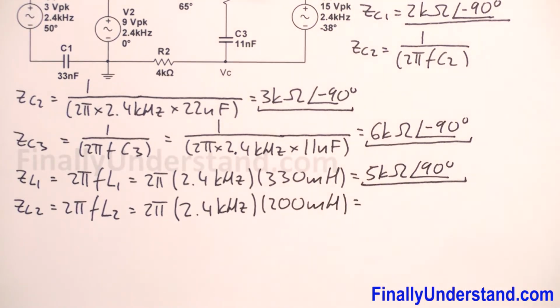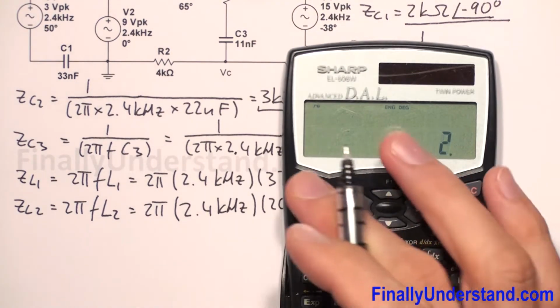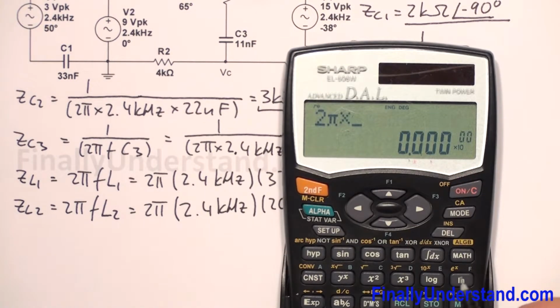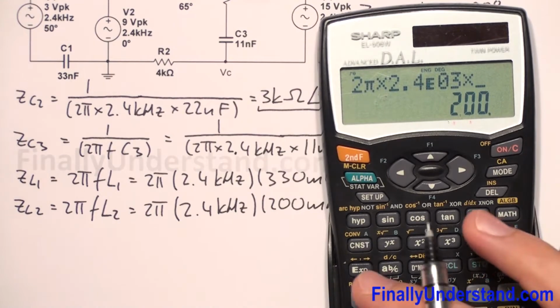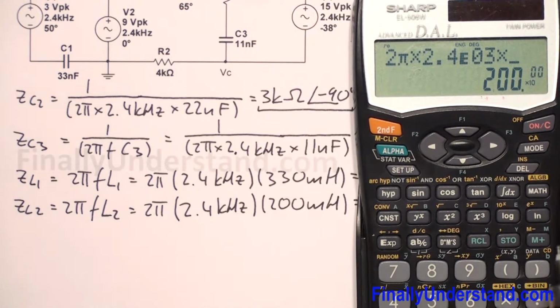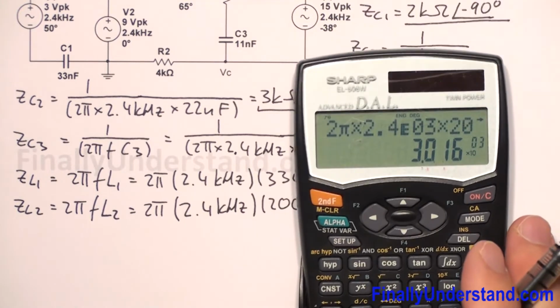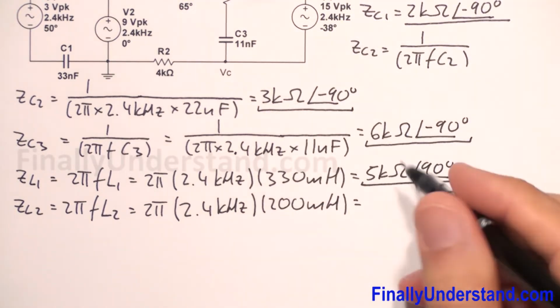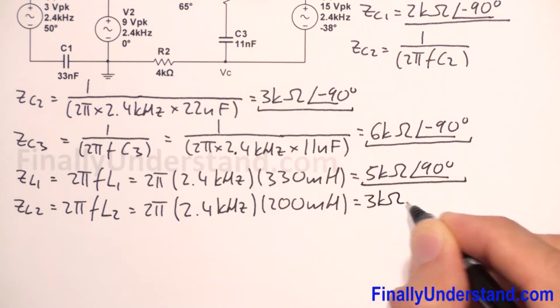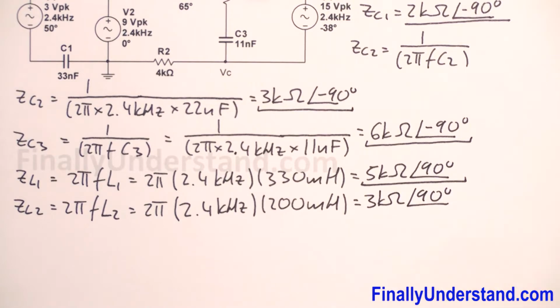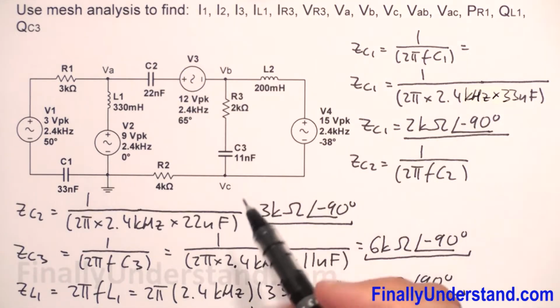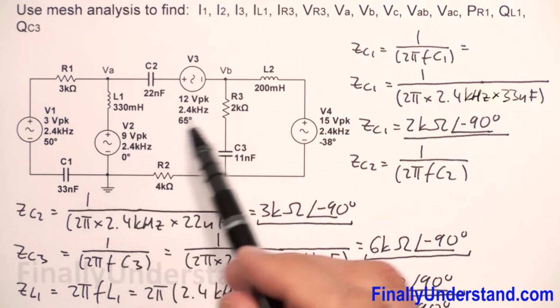Okay, so this is equal 2 pi times 2.4 exponent 3 times 200 exponent 3 negative. This is equal, we can say, 3 kiloohms. So this is 3 kiloohms and angle of 90 degrees. Okay, we found all the impedances of capacitors and inductors.